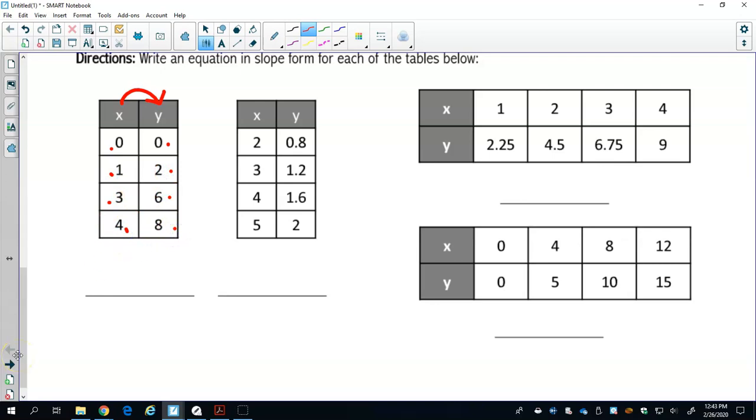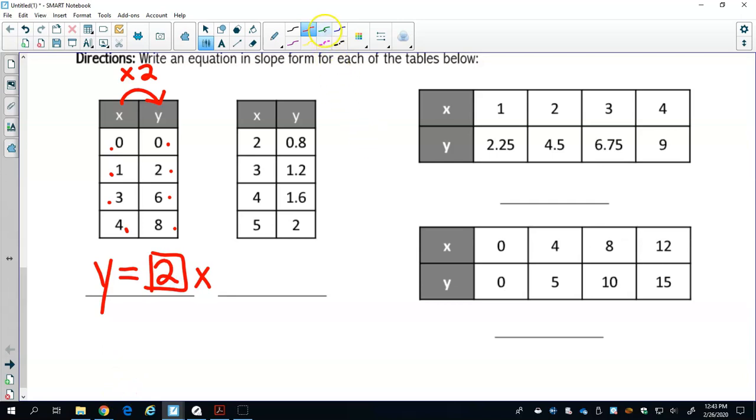This is a what relationship? Times 2. It's a times 2 relationship. The slope is the number that you multiply. So the slope, same equation, y equals something times x. This time we're looking at a table instead and looking at the relationship, and that multiplicative relationship is going to go there. Y equals 2x.